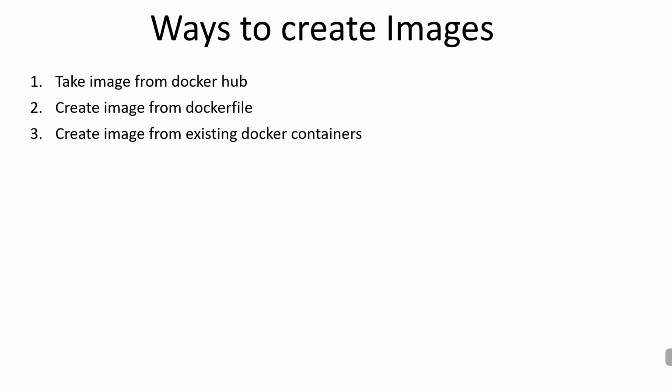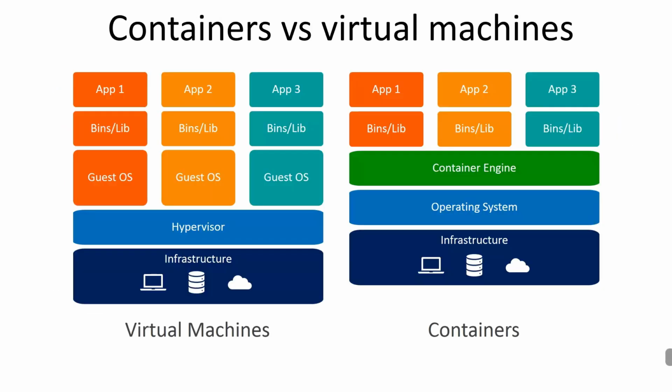Take an image from Docker Hub. Take an image from a Dockerfile. So from the Dockerfile, how we will create an image, today we will see. And the third one is to create an image from an existing container. So today we will see how to create an image from the Dockerfile.